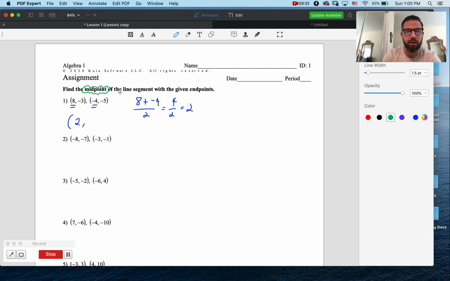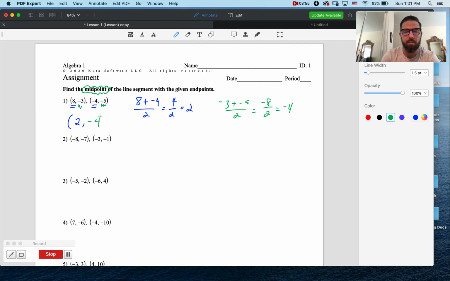And our y, let's look at our y's. We have to do our y's also. So let's go ahead and we'll add our y's, negative 3, because that's a y, plus negative 5, and we'll divide by 2. Negative 3 plus negative 5 is negative 8. Divided by 2 is negative 4.